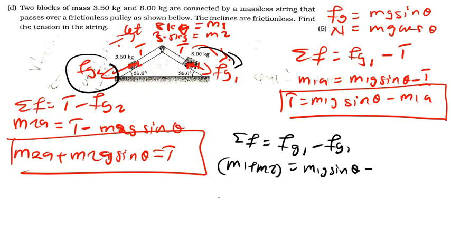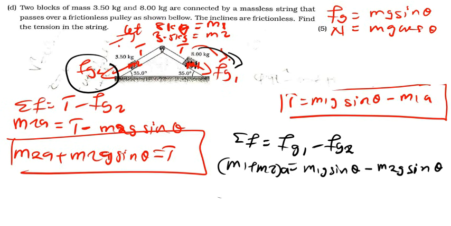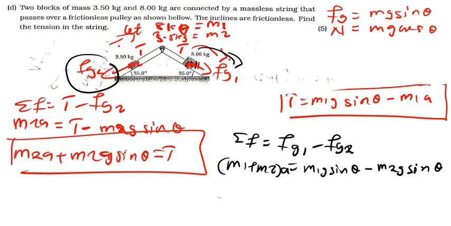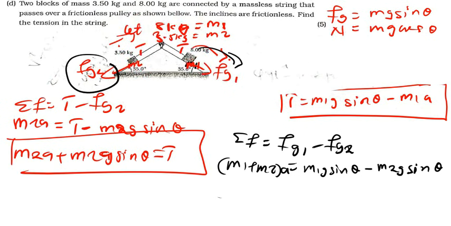So this is M2G sine theta. At this point, theta is the same, sine is the same. Now here we need to multiply by A, acceleration, don't forget that. I'll come back and plug in the values to prove to you that I'm going to find the same answer.